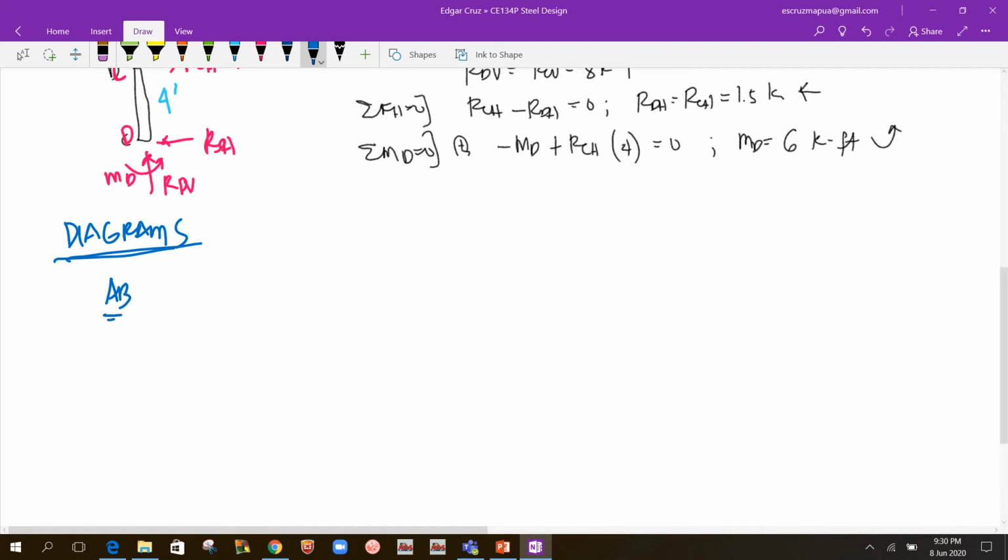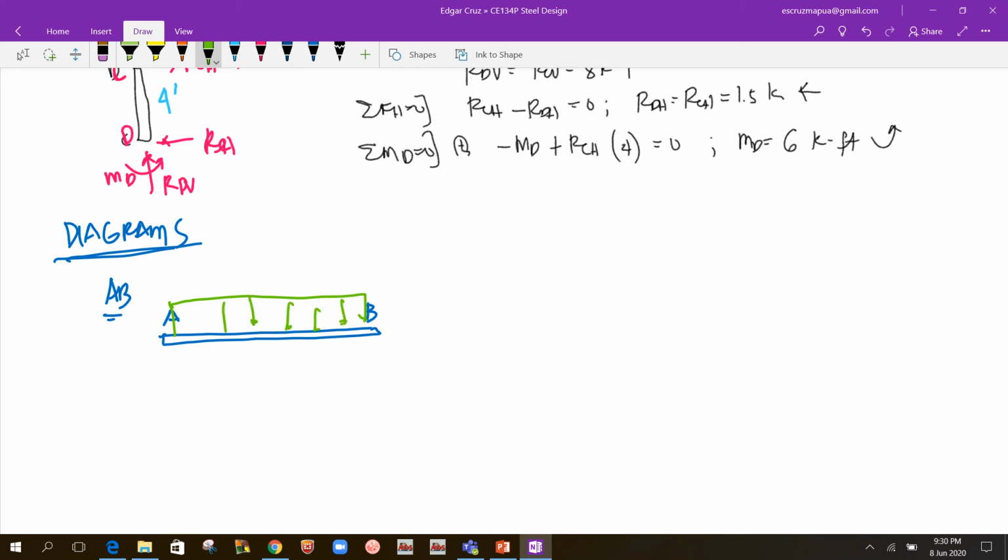This is A, this is B. It has loads, and the loads are transverse. It is a uniform load of 0.5 kip per foot, over 6 feet.